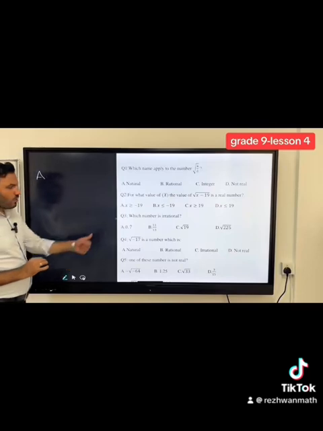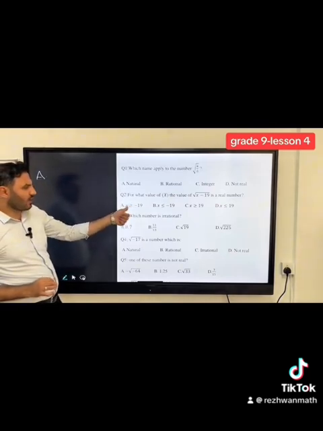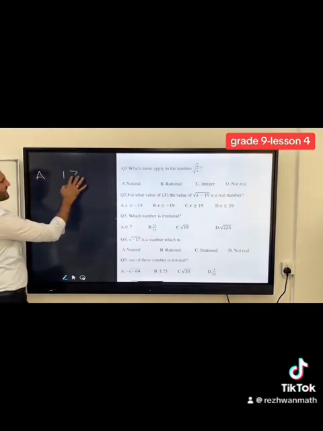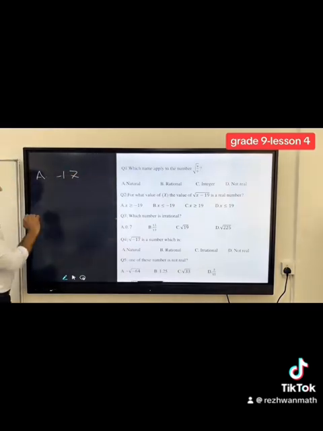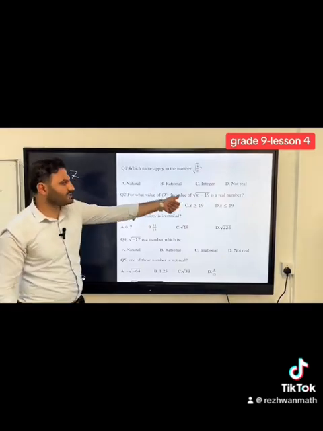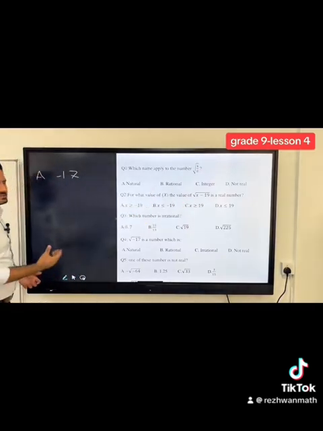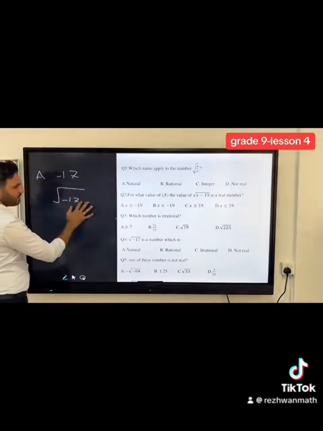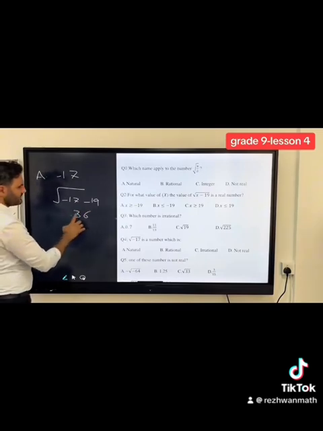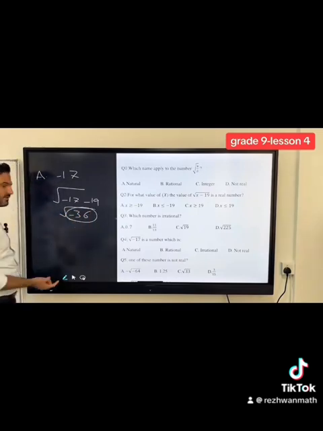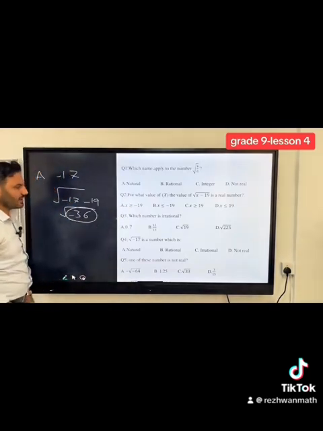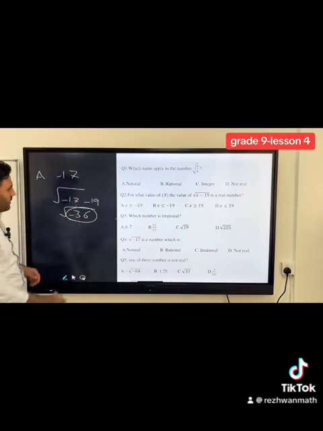For example, negative 17 is greater than negative 19. Substitute negative 17 for x: negative 17 minus 19 gives negative 36. Because we have a negative number inside the square root, it's not real. So A is not the correct answer.